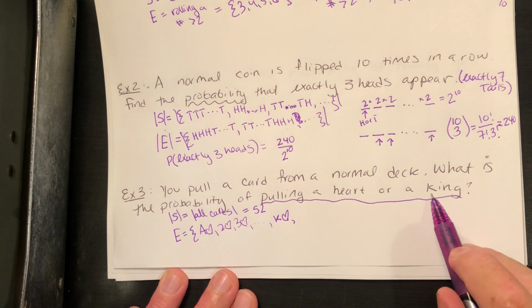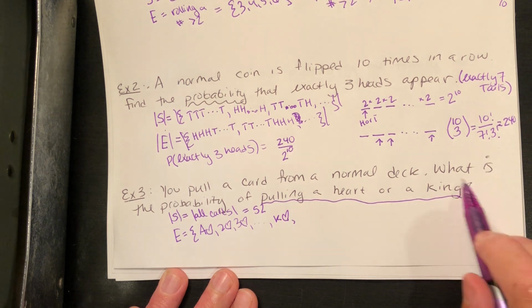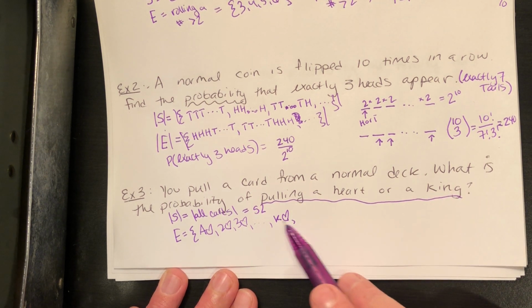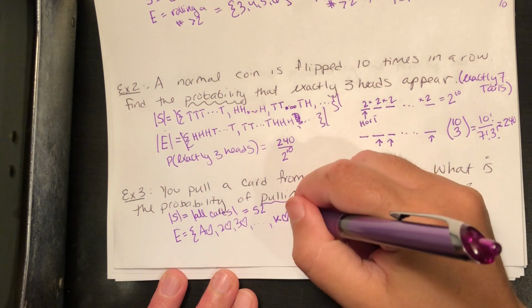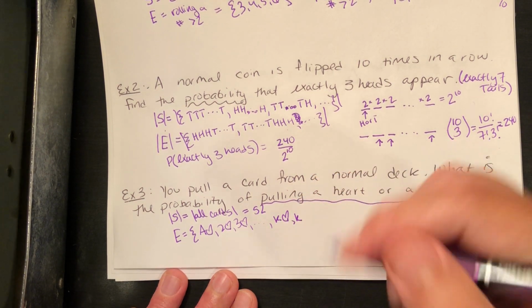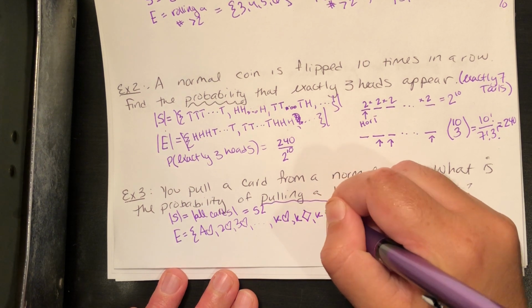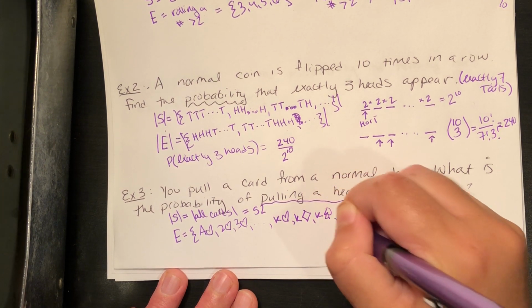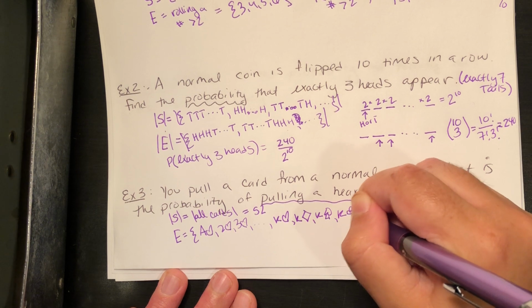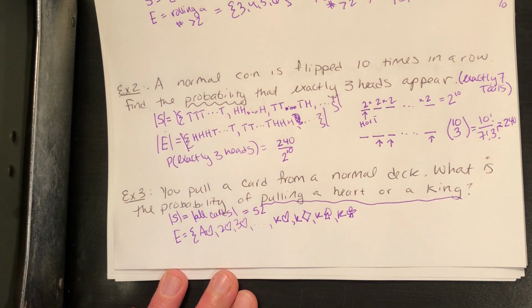And then another allowable outcome would be a king. Well, we've already accounted for one of those kings, but there's 3 other outcomes that we want to count here as possible good outcomes, the outcomes that we want. That would be king of diamonds, king of spades, and king of clubs. Okay.